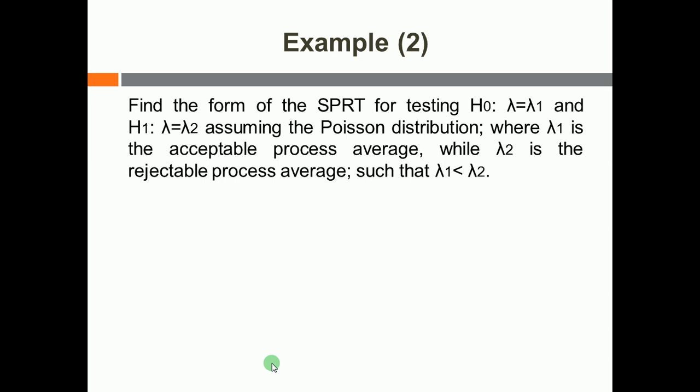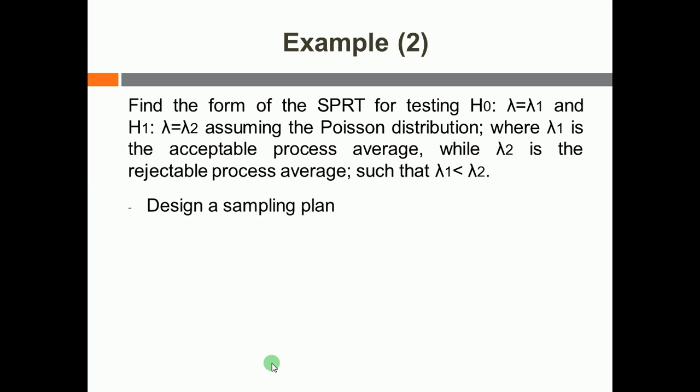So lambda 1 represents the acceptable process average, meaning the acceptable average of defects per item, and lambda 2 is the rejectable process average, which represents the average number of defects per item that is considered rejectable. Since lambda 1 and lambda 2 represent averages of defects, logically lambda 1 will be less than lambda 2, as lambda 1 is the acceptable level and lambda 2 is the rejectable level of the number of defects per item.